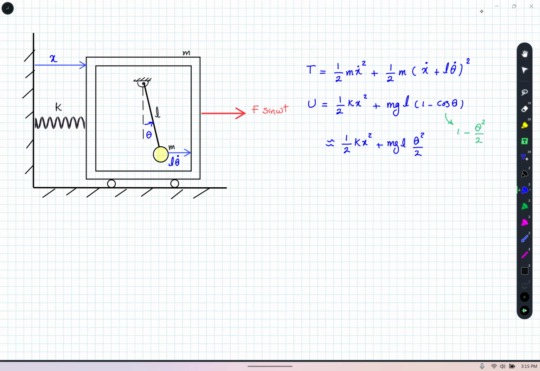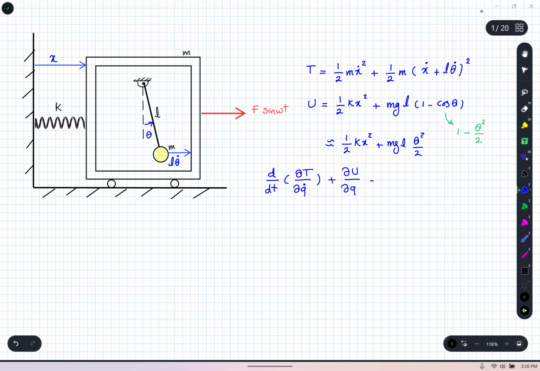If I find my T and U successfully, the rest is just some tedious math. I need to use the Lagrange equation. The Lagrange equation says d/dt of the partial derivative of T with respect to q dot, plus the partial derivative of U with respect to q, equals any external load Q. Well, that's the general Lagrange.